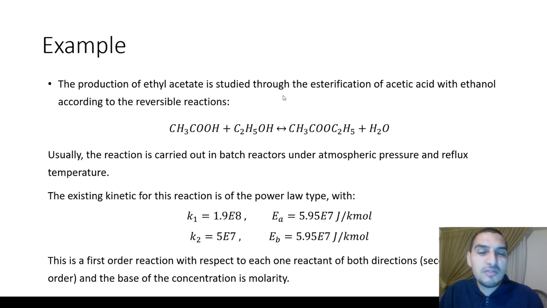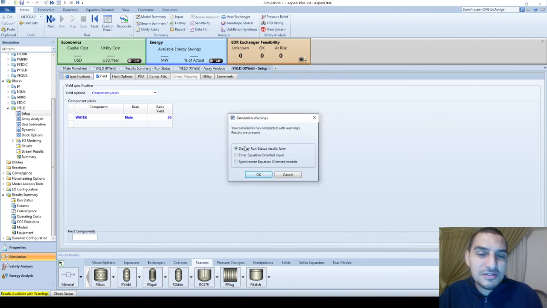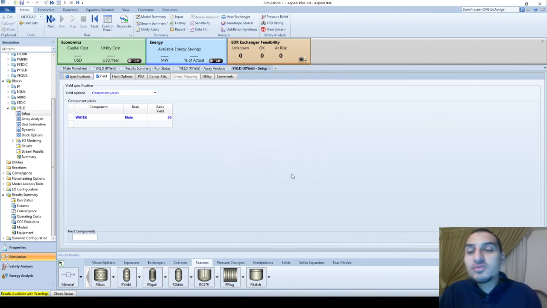You have to have a compound here, either ethyl acetate or whatever component that contains carbon, because you have a lot of carbon in the feed. But if you do this, the two components will react to produce water, which is nonsense actually, but it can do it. So it gives you a similar error again.